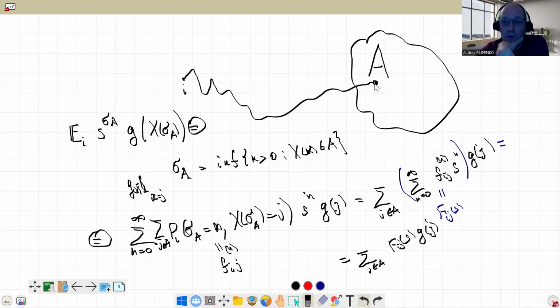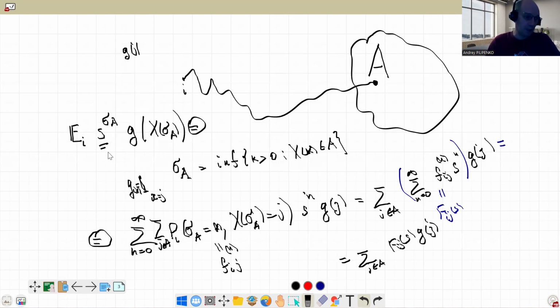You walk until you hit A. When you hit A, if you enter at the point J, you stop the walk and obtain G of J money. But there is inflation, and each time there is some discount s times. So after n steps, the discount, the inflation, is s to the power n. So this is your average profit of the walk if you discount money after each time.